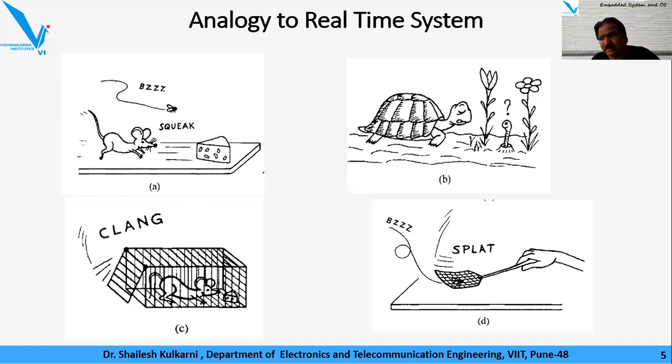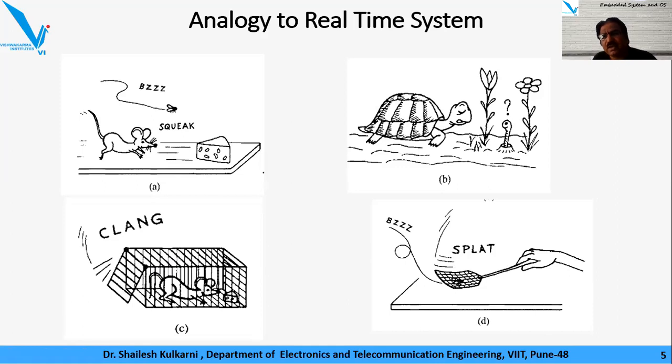The third one shows that the logical correctness of the output and the timing are equally important. And the fourth one shows that the timing at which different activities are expected to be synchronized is equally important in designing real-time systems. So these are the 4 analogies that you can remember to ease your understanding of the concept of a real-time system.